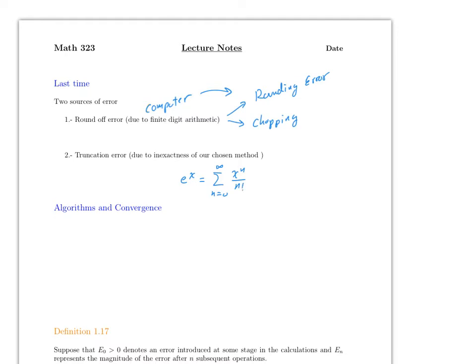This is the exact formula, which will be 1 plus x plus x squared over 2, and so forth. So if you decide to use this part only, then the rest will be considered an error. So this will be like the truncation error. We'll get into a lot of details about that later, but that's what this means.